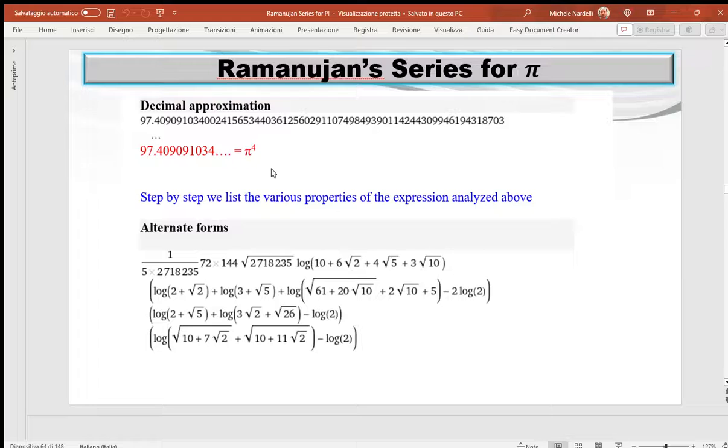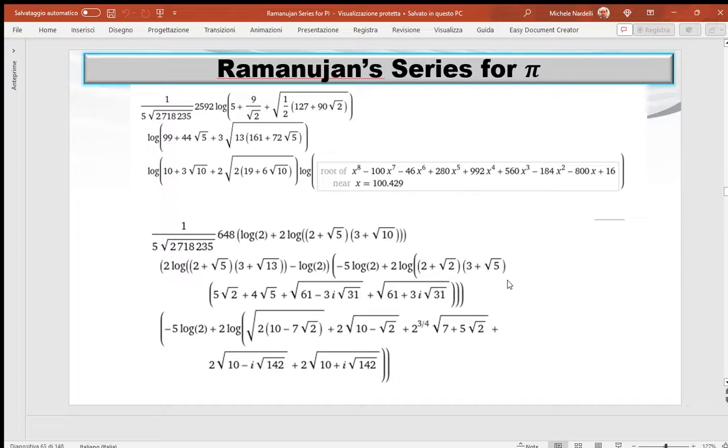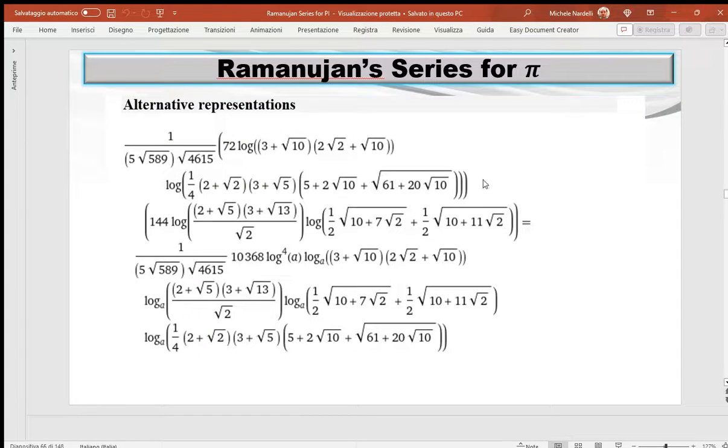Also here we list the various properties of this expression, the alternate forms, the alternative representation.